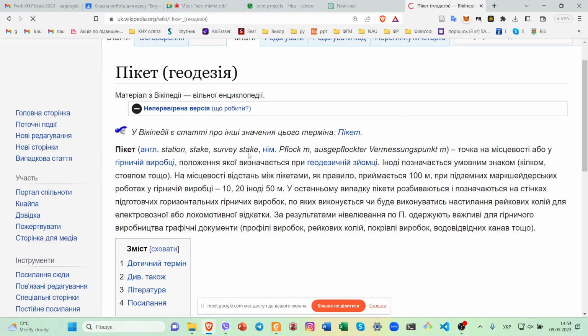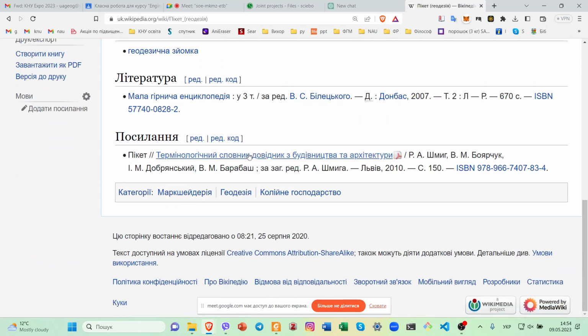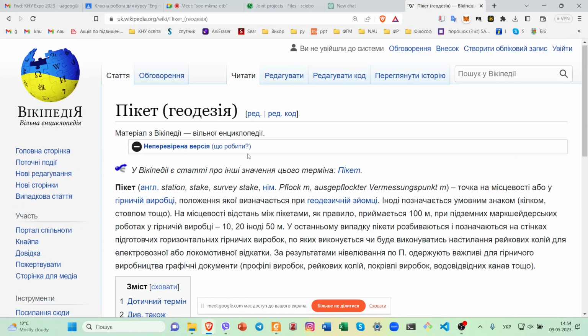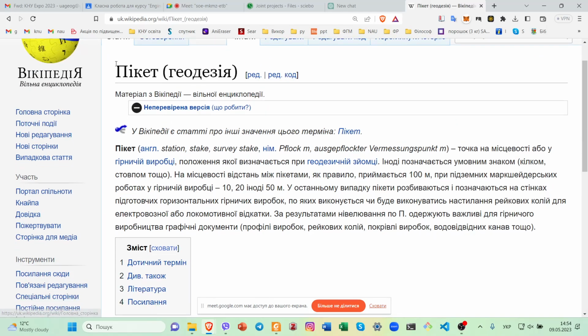In English, we use the terms station, stake, or survey stake.